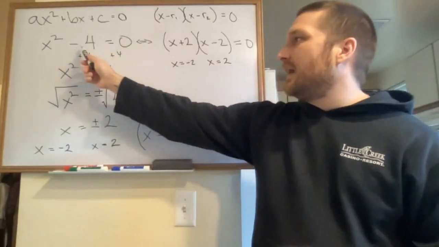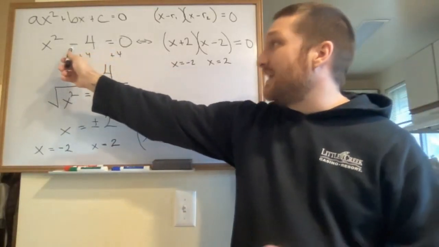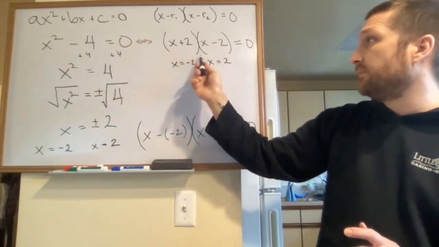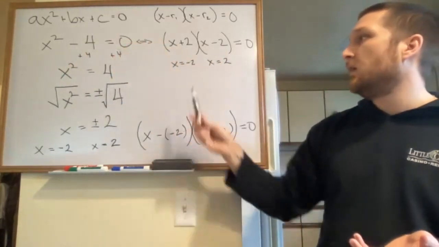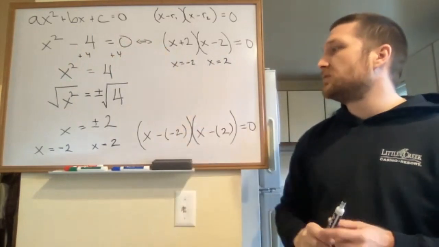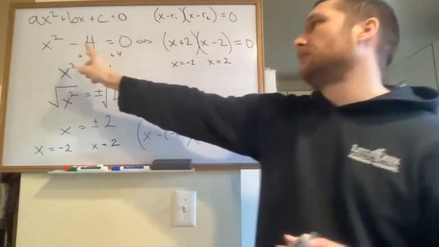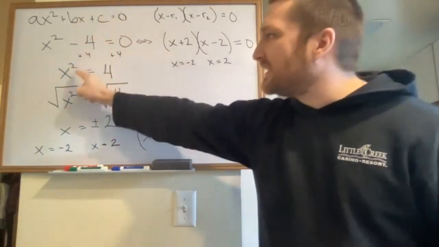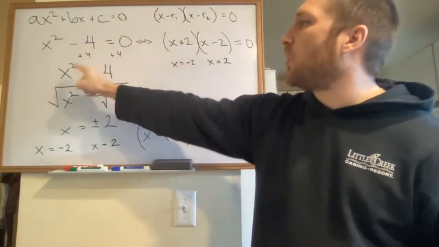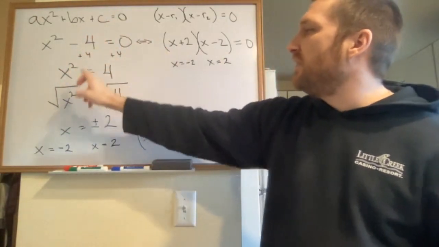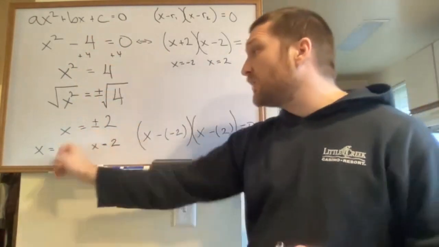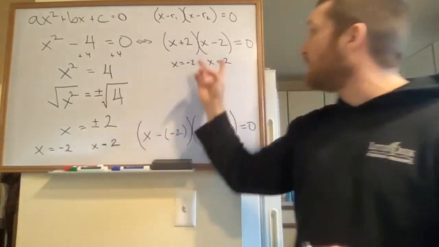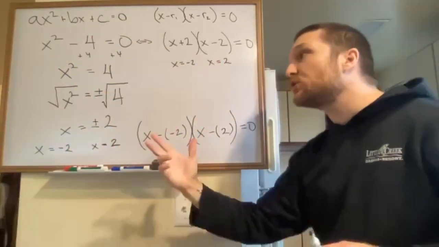We had a quadratic equation, and it was possible to factor it. We factored it and found that the roots, or the solutions to that, were -2 and +2. But this one was special. We were able to isolate x to get x all by itself. And then we were able to solve, and lo and behold, we got the exact same roots. We got the same solutions.